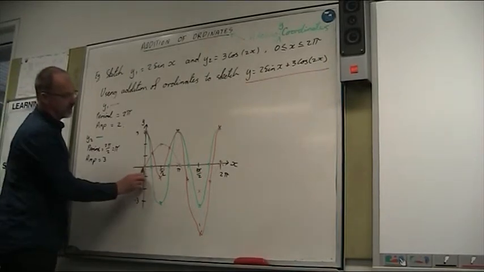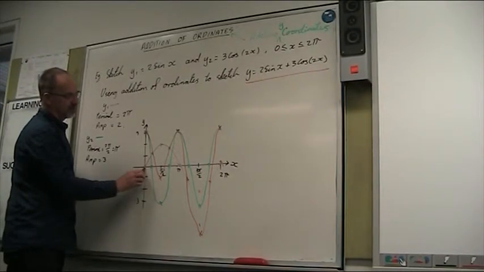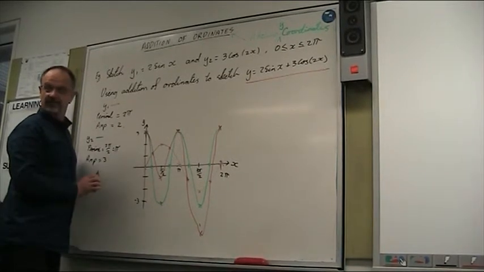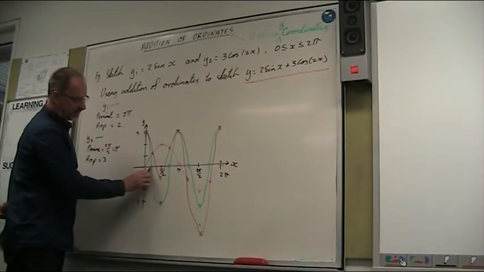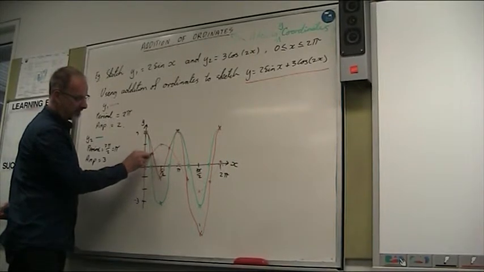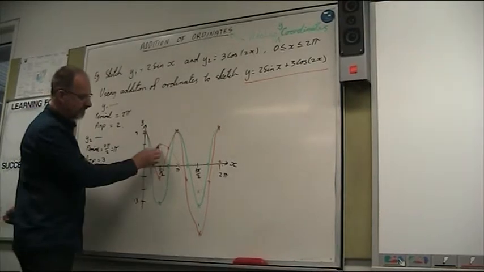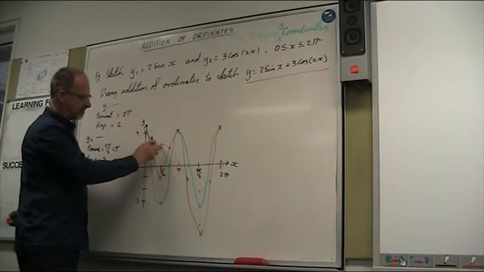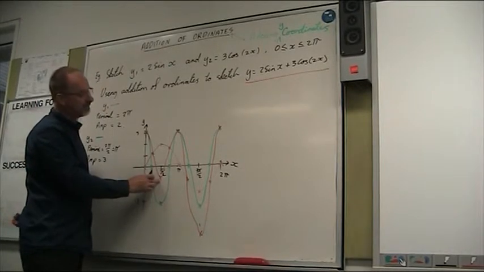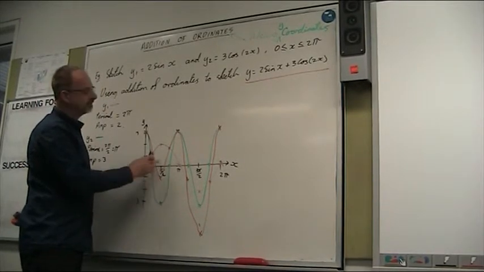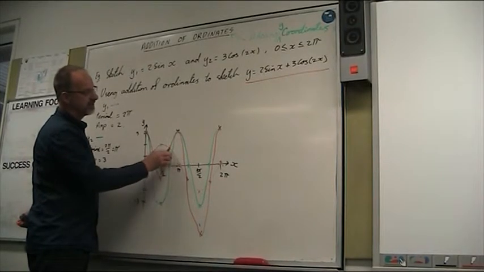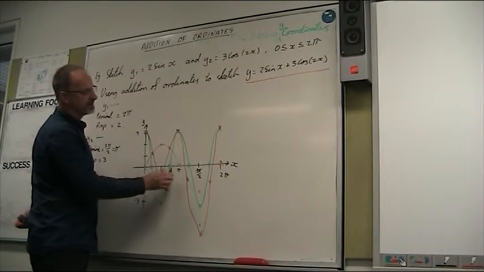So I'm just working my way along here. For this x value, I've got 0 and 3. 0 plus 3 is 3. This one here, I've got 0 plus whatever that is, so it's just that. Here, I've got positive 2 there, negative 3 here, so it's minus 1. Here I've got 0 again, 0 plus whatever that is, it's just what it is.